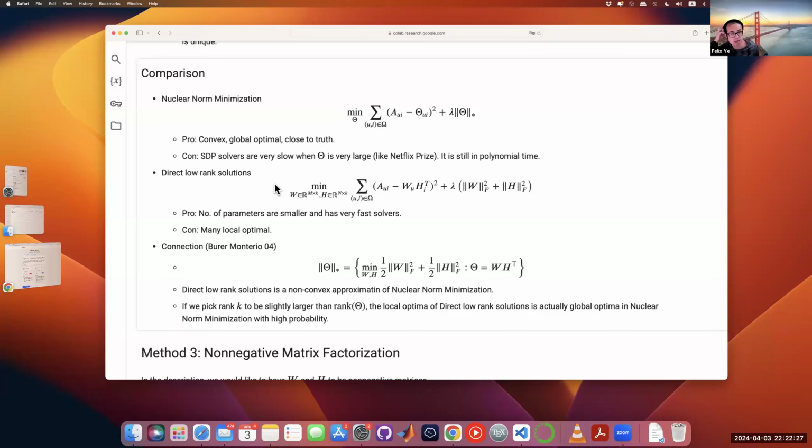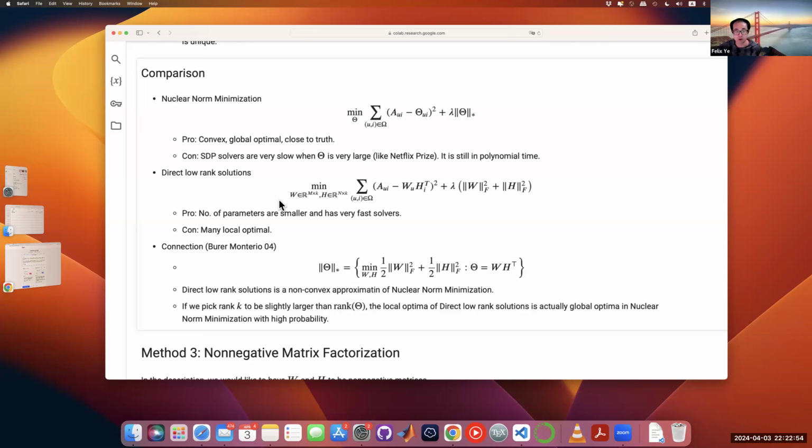So basically, the key here is that yes, this problem is still non-convex in general and has a lot of local optima. But if you choose k the right way, which is slightly larger than the rank of theta, it turns out this problem is actually convex. It only has one unique solution, which is the global optimum that we are looking for.